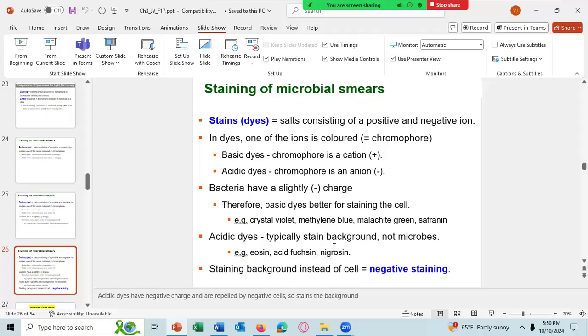Some acidic dyes include eosin, acid fuchsin, and nigrosin. We will hardly talk about any of these. We might talk about acid fuchsin one time. But the important part is an acidic dye stains the background of the cell, not the cell itself.